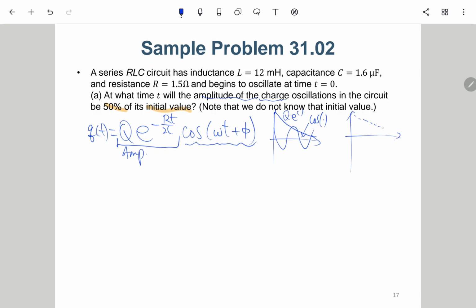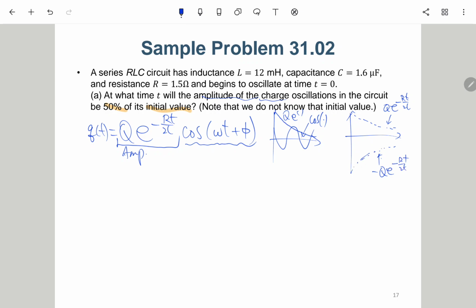This is the so-called envelope, which is Q times exponential to negative Rt over 2L, and the other is negative Q exponential to negative Rt over 2L.